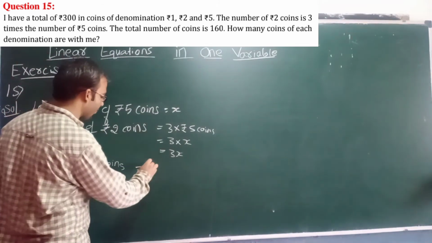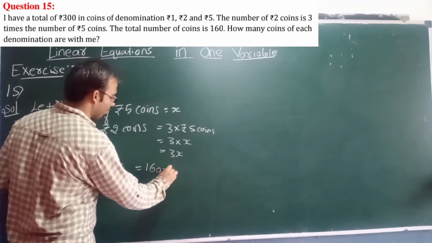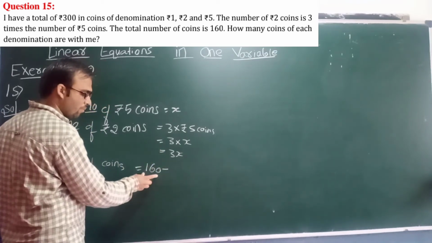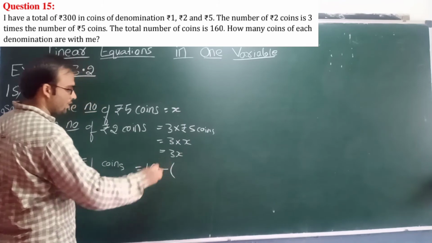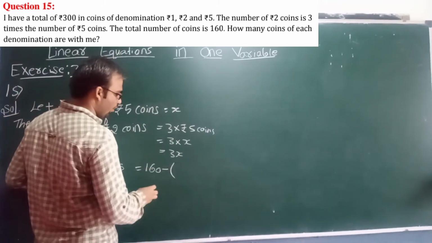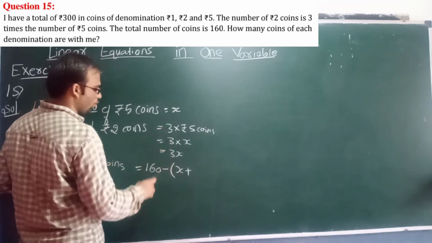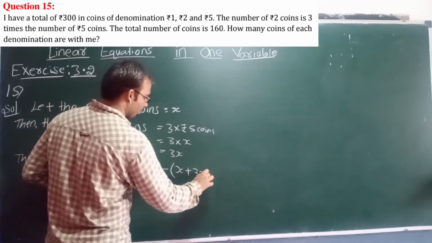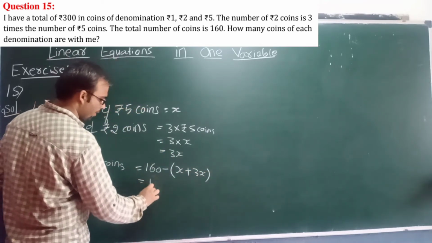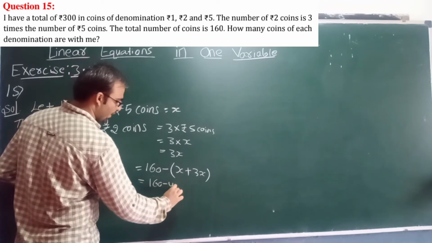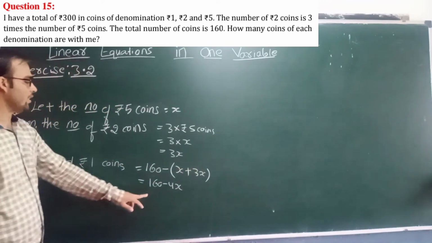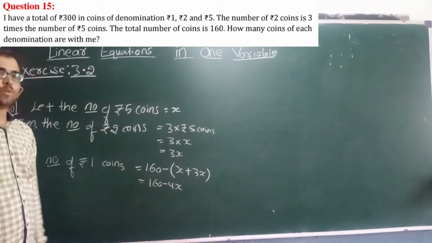Okay, so now we can take 160 minus, so this is the total number of coins, 160 minus number of 5 rupee coins, that is x, plus number of 2 rupees coins, that is 3x. Okay, so here this will be 160 minus 4x. Okay, so what is this? This is the number of 1 rupee coins.